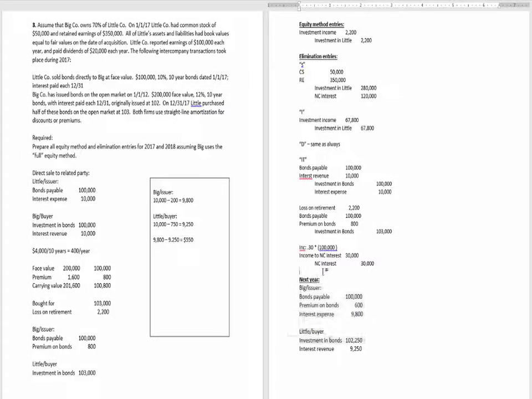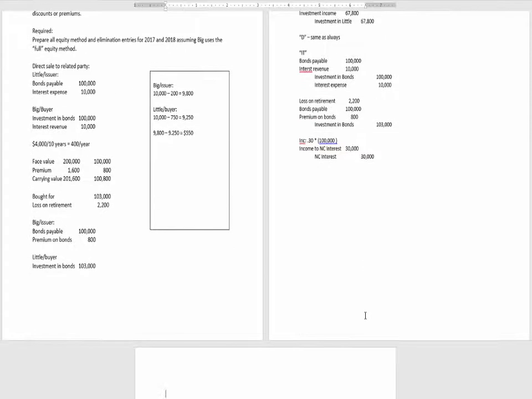So let's go through our equity method entries and elimination entries for year 2. First, for our equity method entries, again, income and dividends, that's going to be the same as it was before.